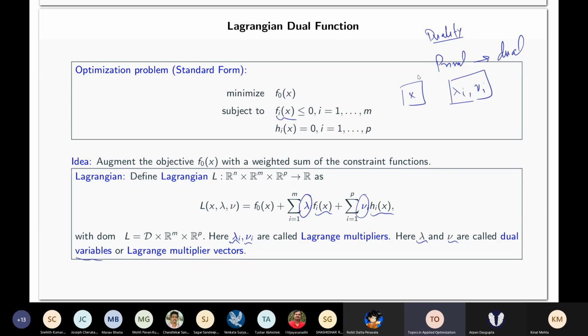But the idea is, to go to the dual, we will somehow eliminate x, keep a problem in lambda and nu, and then we will be solving just a problem in lambda and nu. That will be an optimization problem in the dual variables, and that's when we say that we have gone from the primal to the dual problem.